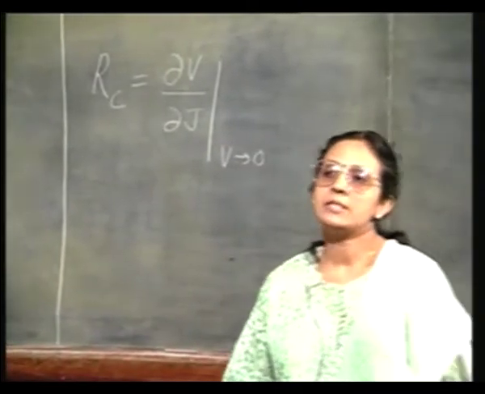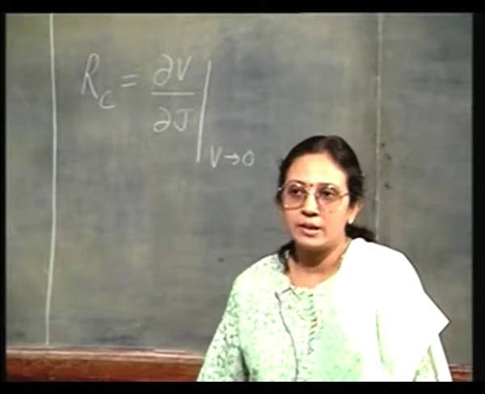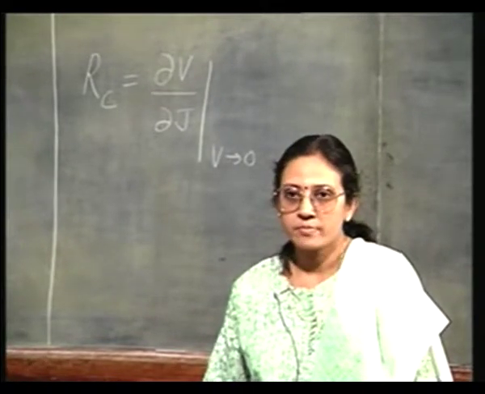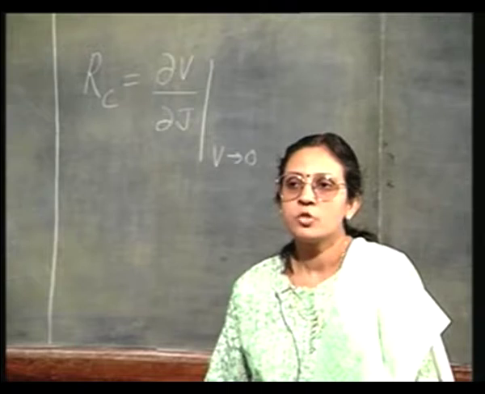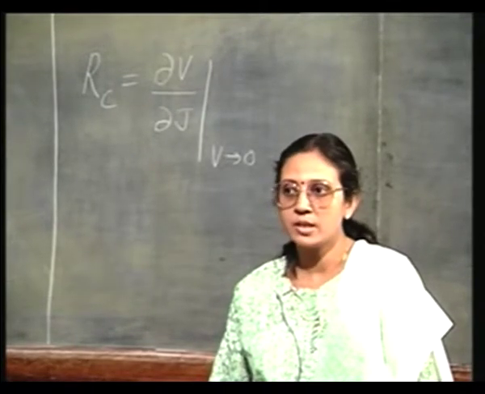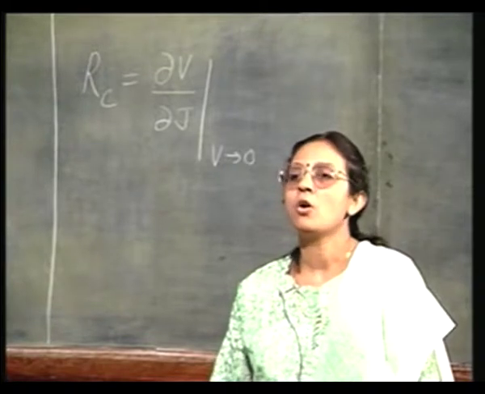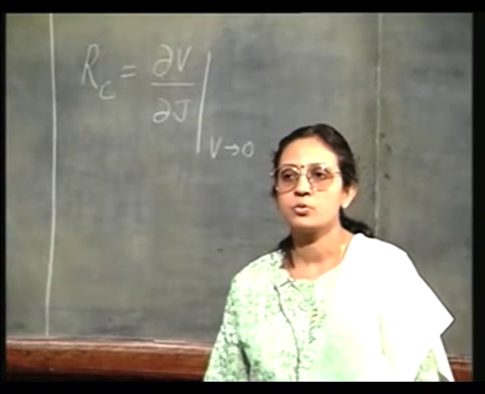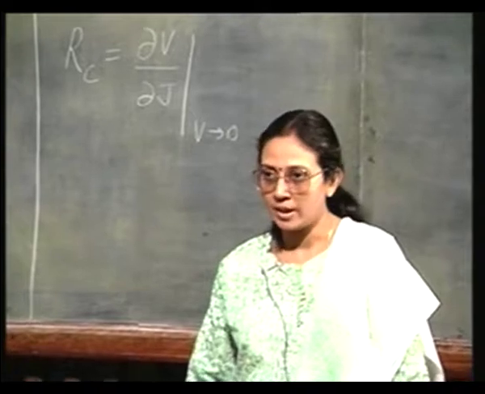Now, you know in general when I put metal on semiconductor, what I get is a Schottky barrier, usually. Most generally I would say that if I put a metal on a semiconductor, what I should get is a Schottky barrier.